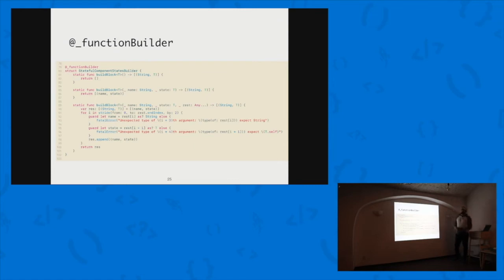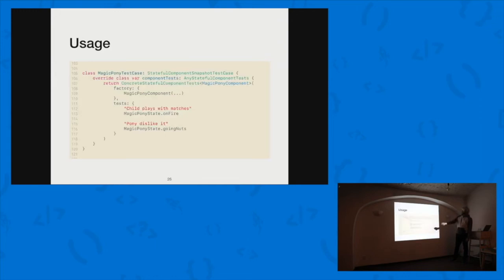But don't try to find why some build, not block, but build other stuff doesn't work, because it's not ready, basically. They need to do it as fast as possible for SwiftUI, yeah? So, boom. Test, state, I just put an empty line here because I like it. Other name, other state. And this is how it's done.